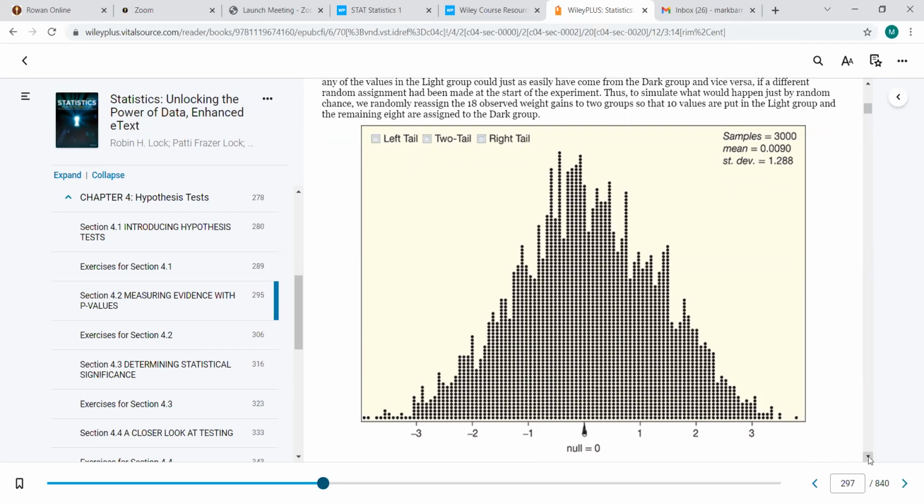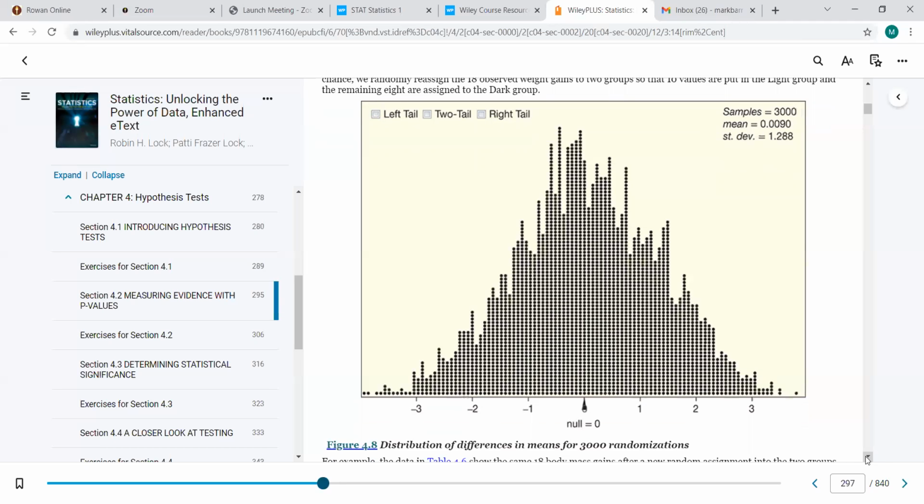So we create this distribution. Now we're going to do a test. We're going to look at the one sample average that we got before, and see if it's extreme compared to all these other dots that are here. Extremely different than what? Extremely different than 0.